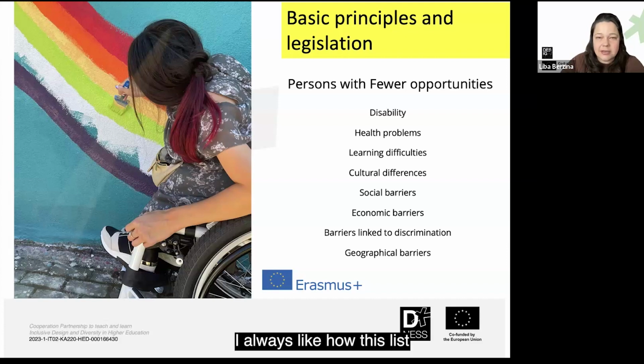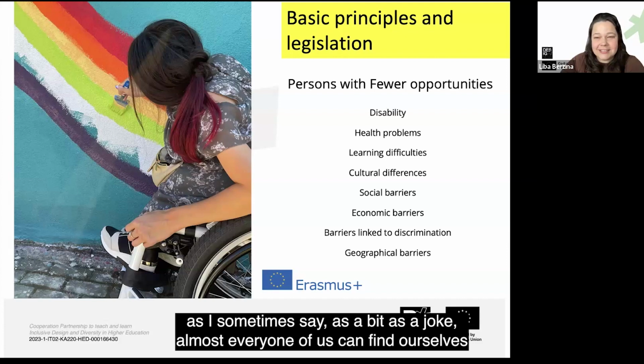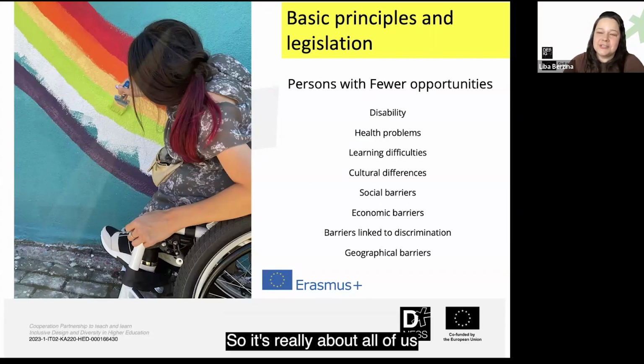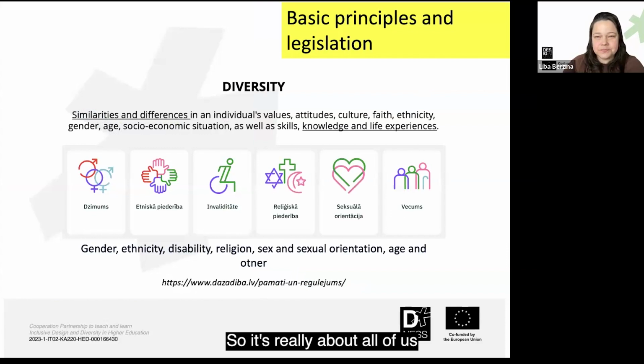I always like how this list shows how diverse we are. And as I sometimes say as a joke, almost every one of us can find ourselves in some of these categories, or maybe even a few. So it's really about all of us.